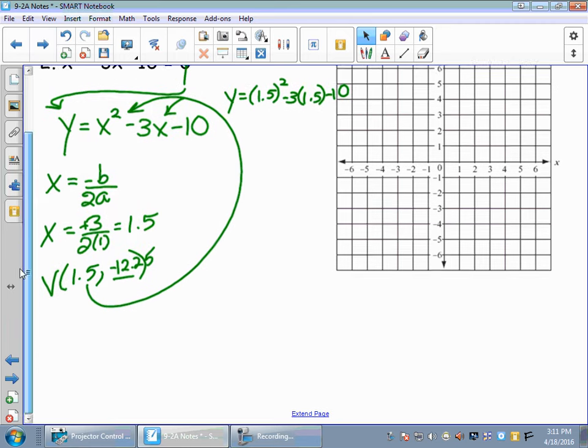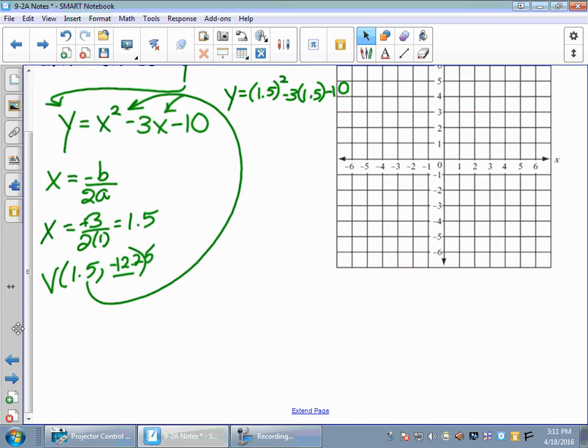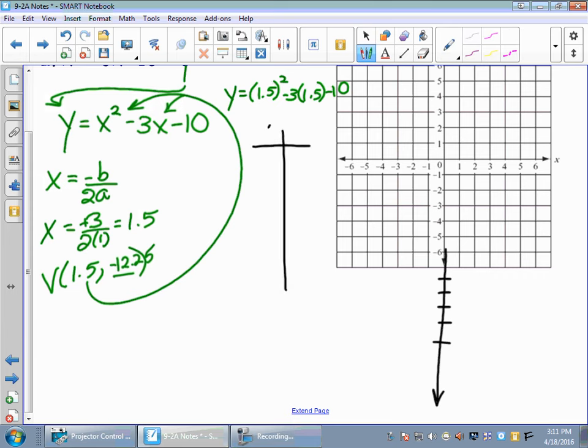I need to move this down a little bit. I need to continue down here. And so that's 6, 7, 8, 9, 10, 11, negative 12.25. I'm going to make my table of values right here. And my vertex goes right in the middle. So my vertex is 1.5 and negative 12.25.